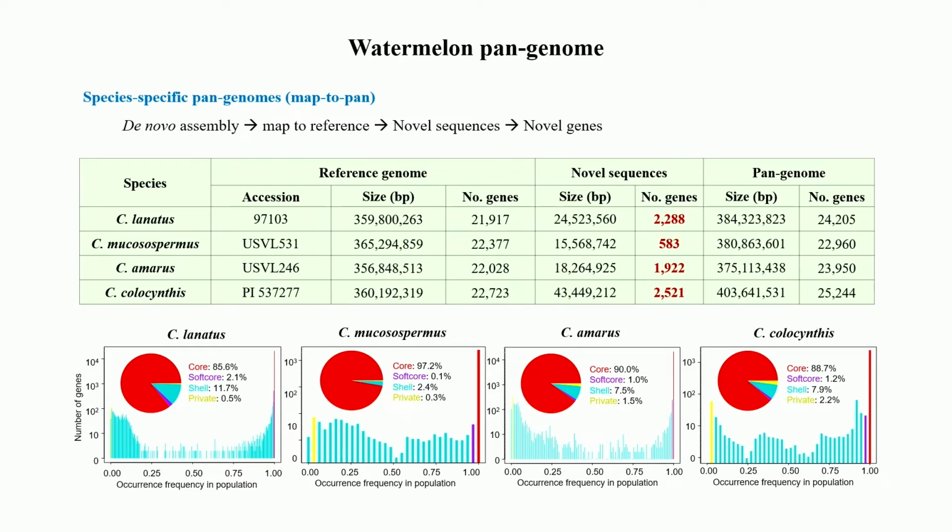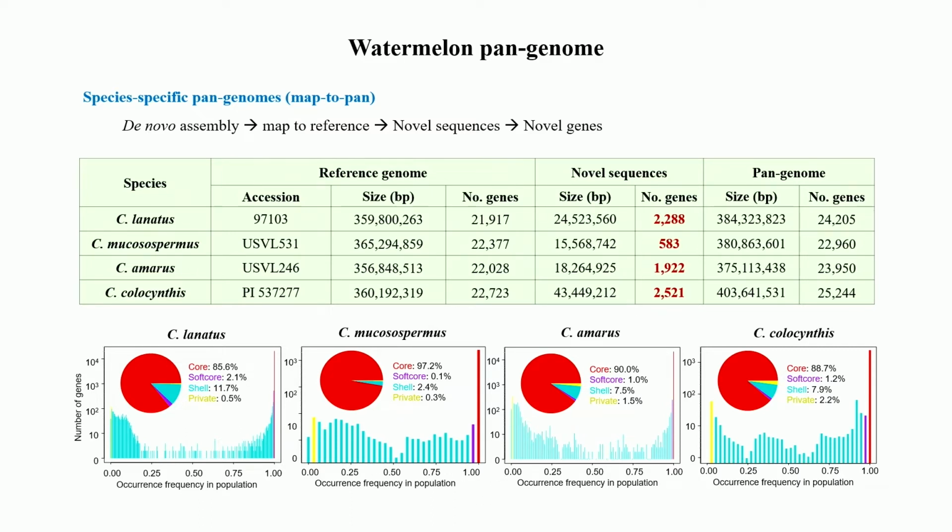And then we called gene presence and absence variation. We identified those genes in different categories. The first one in the pangenome we call core genes. That means the genes that are present in all accessions in the population.